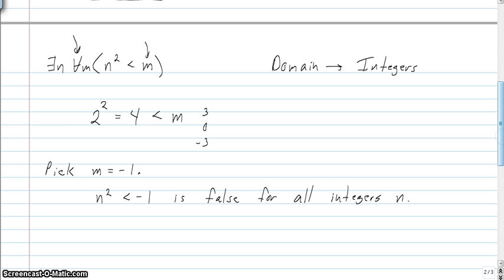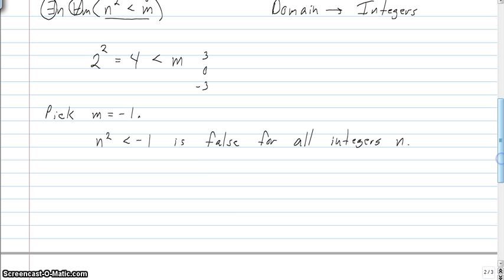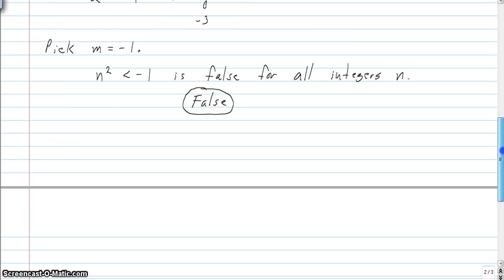Okay, so we found the existence, we found one m that makes this statement false for any value of n. Right, and so that shows that our statement must be false. Okay, so let's take a look at this statement.